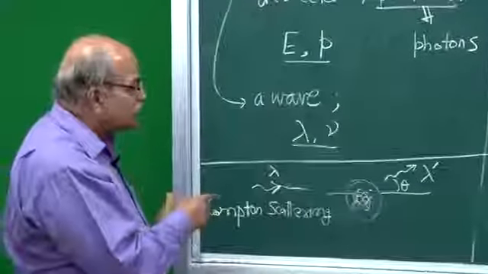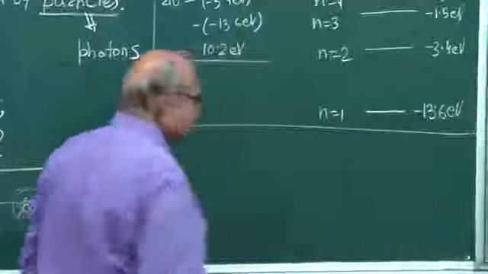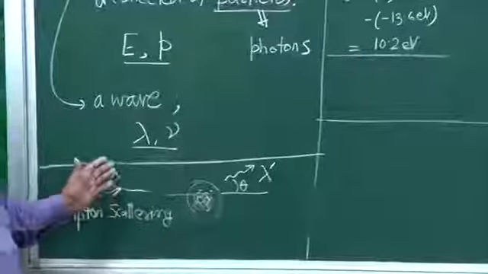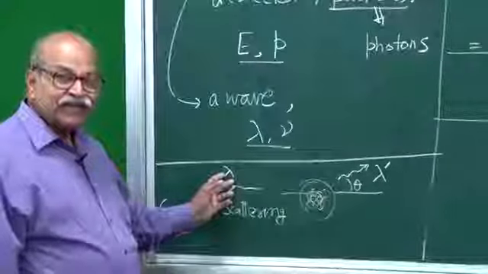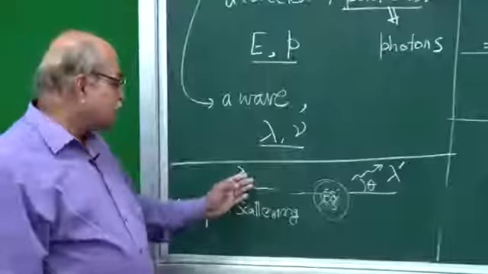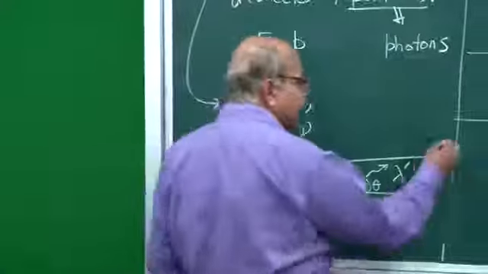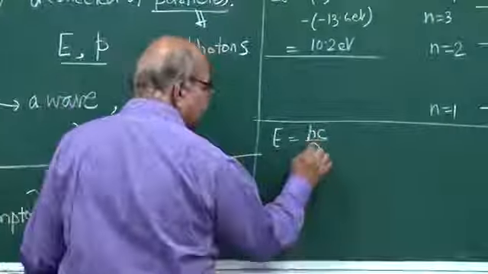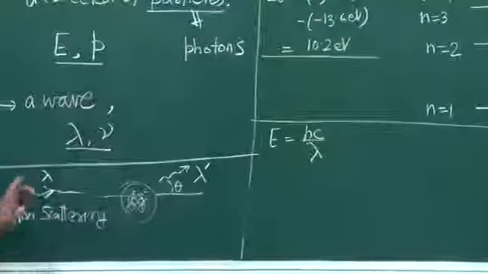That relation can be obtained from equations if you assume that this electromagnetic radiation, this X-ray which is coming with wavelength lambda, has got a particle character, and this is a collection of particles, and each particle has an energy which is hc over lambda. h is the Planck constant, c is the speed of light, and lambda is this lambda.